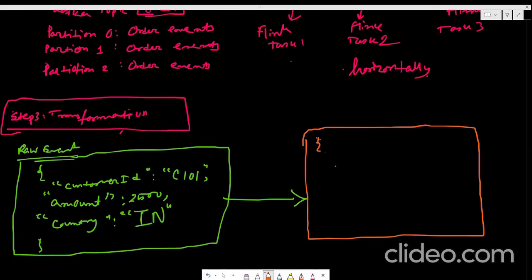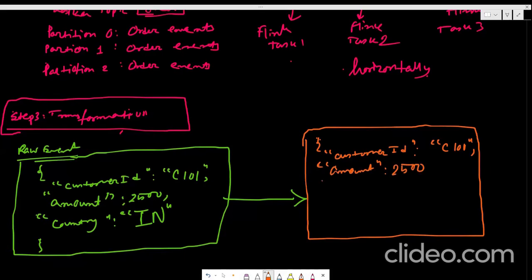So there the customer ID is the same. We are not transforming this one. It is the same, C101. Then we have the amount as well. It is the same. We don't need to transform anything.